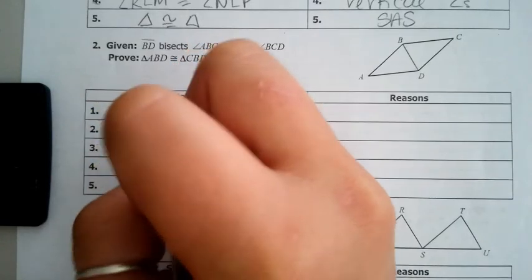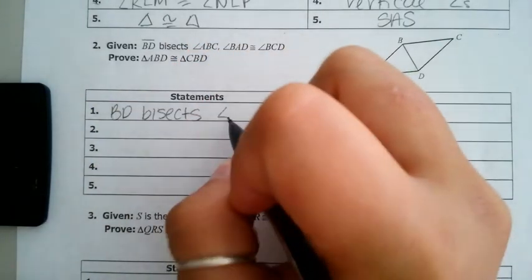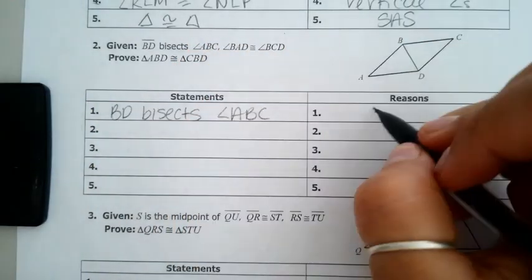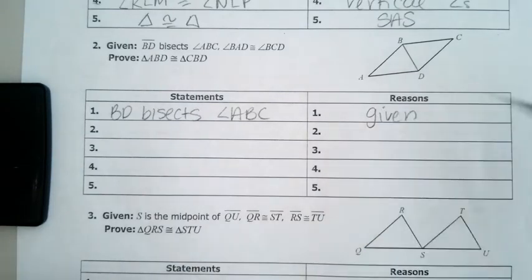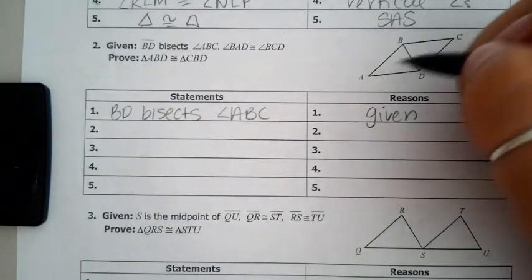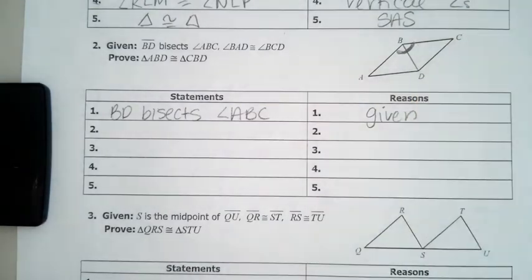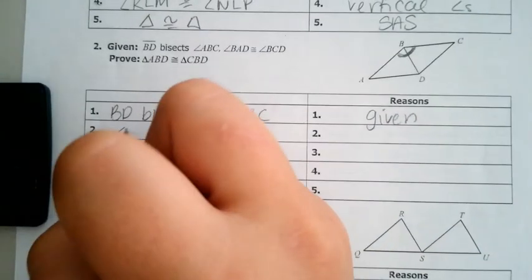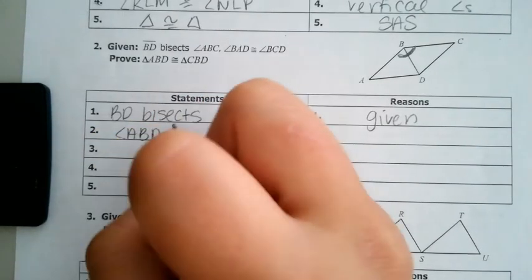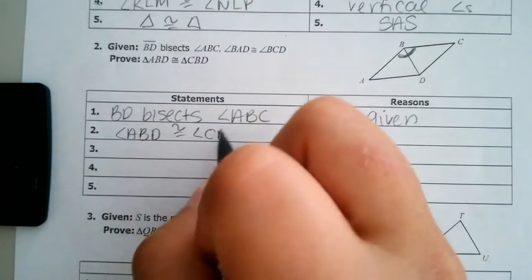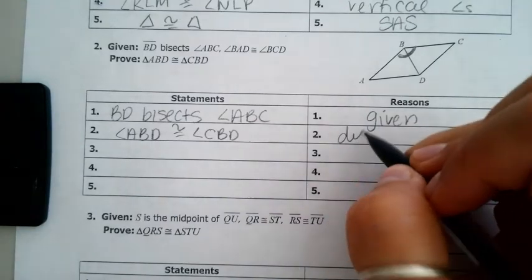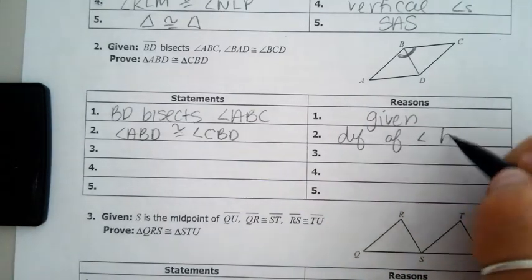BD bisects angle ABC. What I'm going to do with this information is identify the angles that are now equal. So angle ABD is congruent to angle CBD. That's a definition of angle bisector.